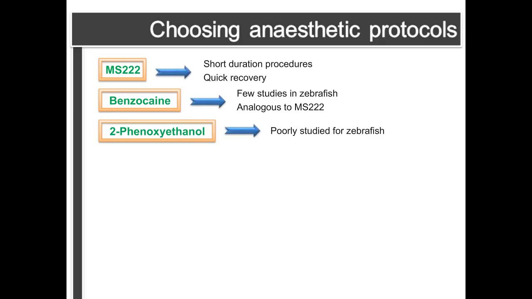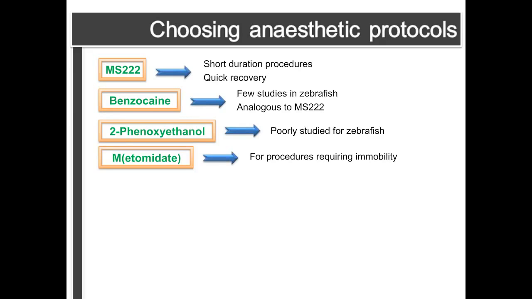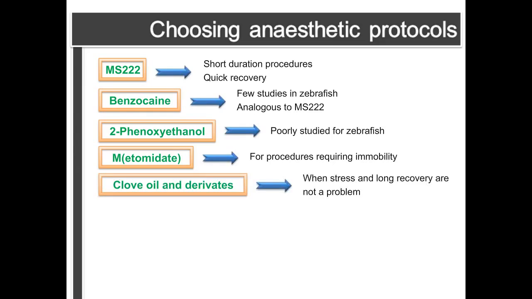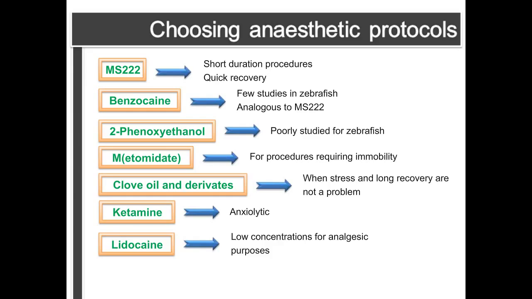The same happens with phenoxyethanol. The etomidate and metomidate seem to be good, but just for immobility because they have no analgesia associated. The chlorine derivatives are also good, but when the long recovery is not a problem. The ketamine has the disadvantage of inducing anxiety.